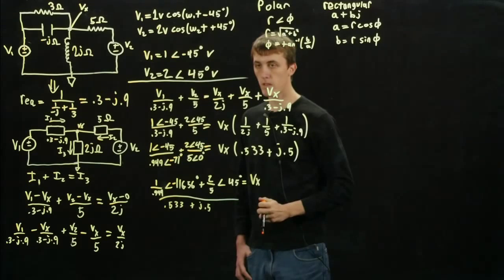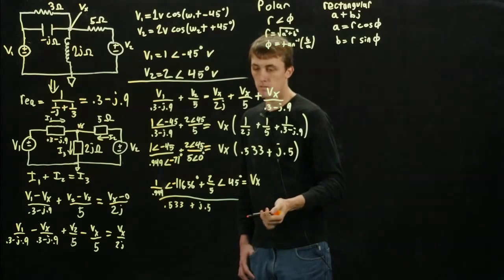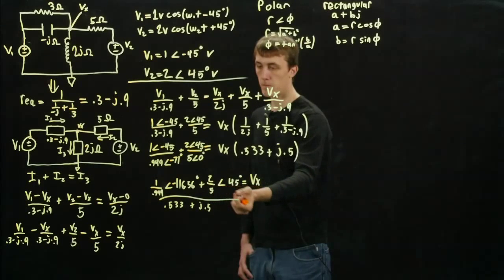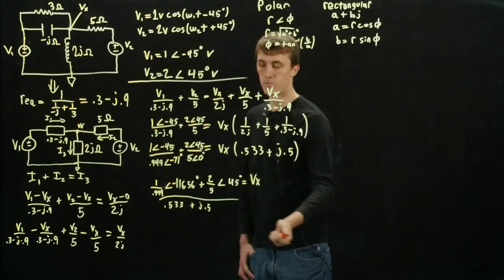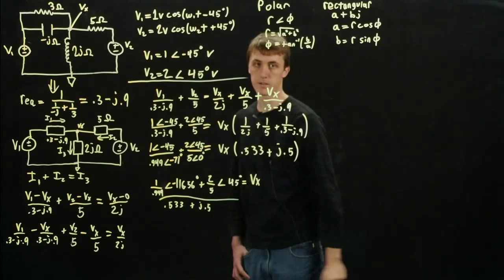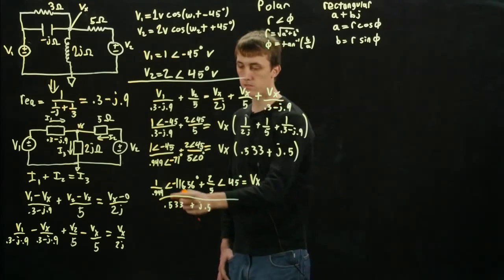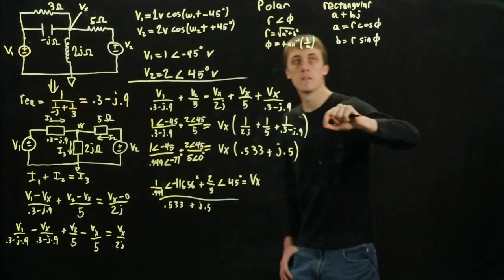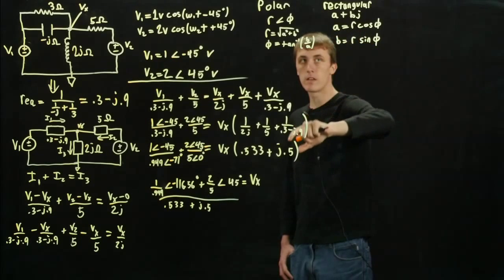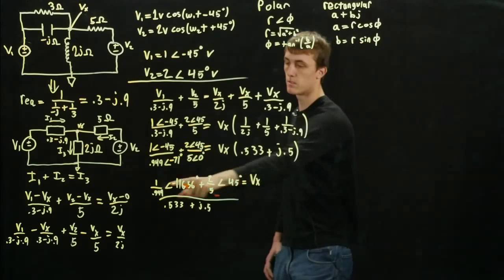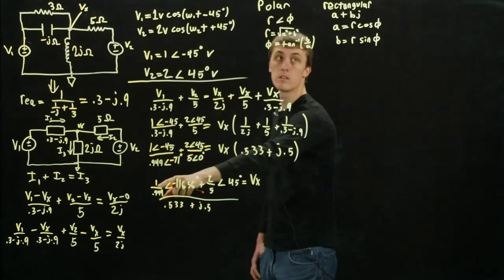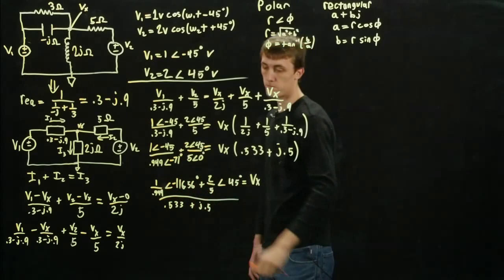And same thing, you could convert these to rectangular or convert this one to polar. Just to go back to rectangular, I'm going to convert these back into rectangular, and we can do that using these two. So the A term is just r times the cosine of this angle, and the B term is r times the sine of that angle.